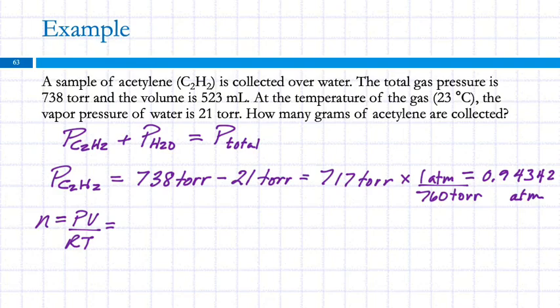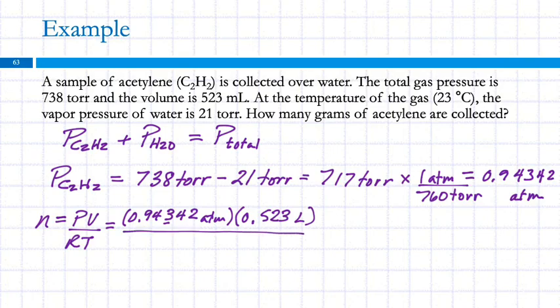So our pressure, the pressure of the acetylene, that's what we're interested in. The volume's 523 milliliters. What is that in liters? 0.523 liters. R is R. Temperature? 273 plus 23.